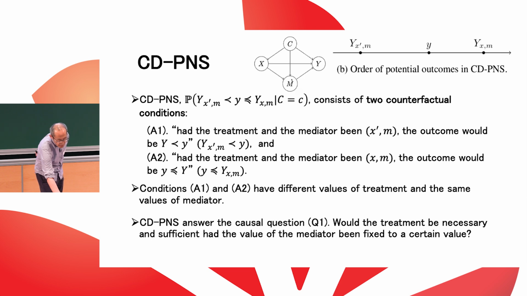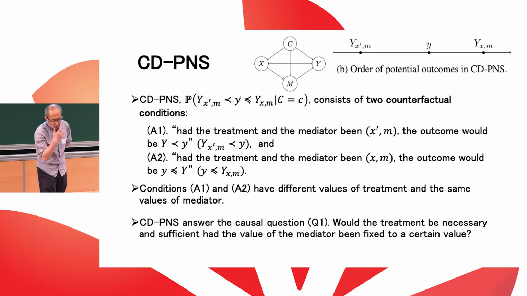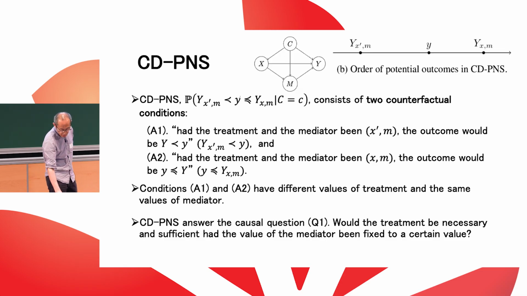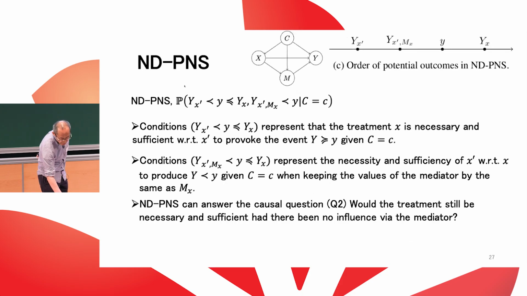Now we ask the question, if you change x from x prime to x, what is the necessity and sufficiency of it causing y to be larger than y? So this one is a relatively straightforward extension.